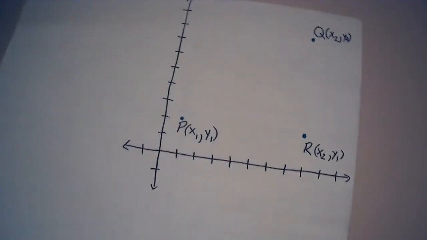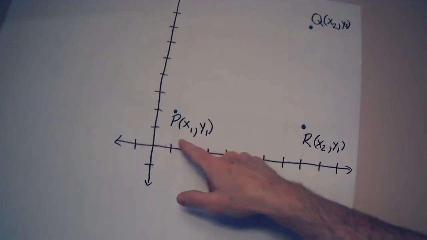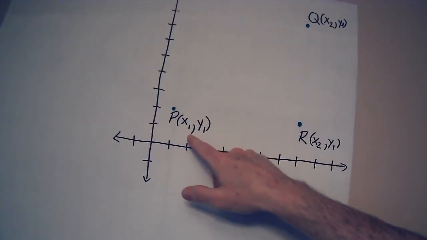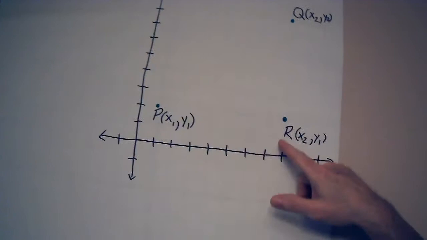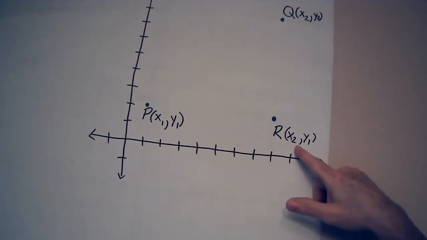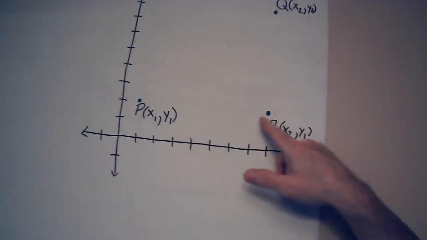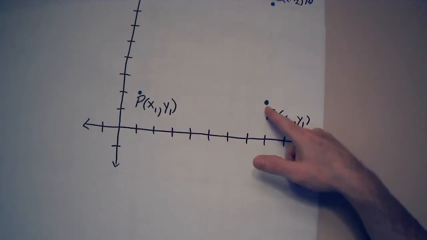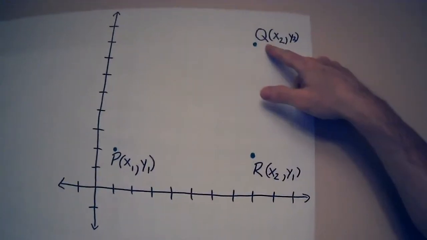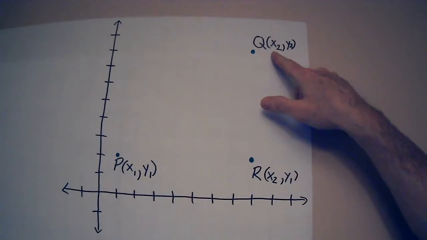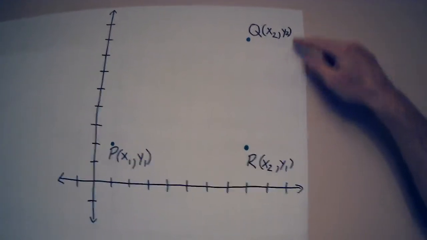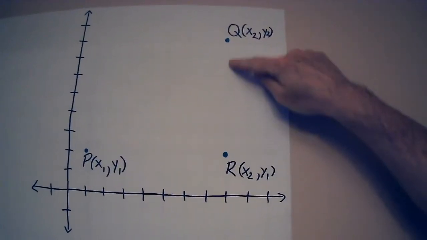I'm going to use what it says here. So as you see, P says x1, y1. R says x2, y1, because they're on the same horizontal line. And then Q is x2, y2, because they're on the same vertical line.